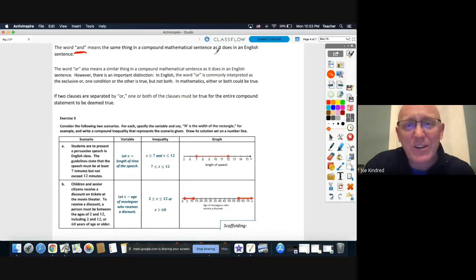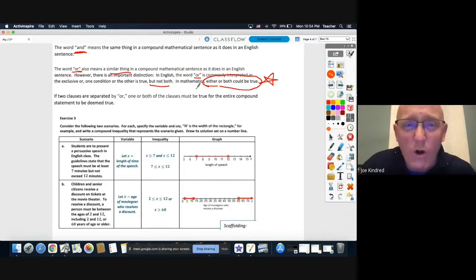The word and, as you're making these notes, go ahead and underline here, means the same thing in a compound mathematical sentence as it does in an English sentence. The word or also means a similar thing, but not exactly the same, in a compound mathematical sentence as it does in English. However, as it says here in the reading, there is an important distinction, and it's really important that you read and understand this part right here. The word or is commonly interpreted as the exclusive or: one condition or the other is true, but not both.